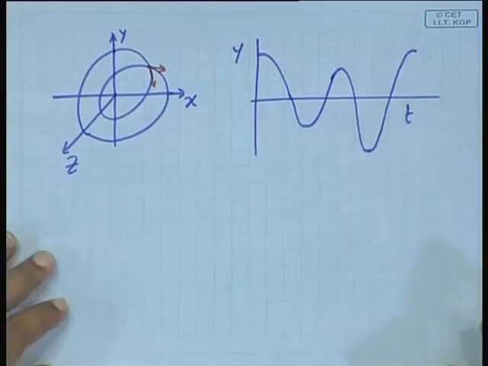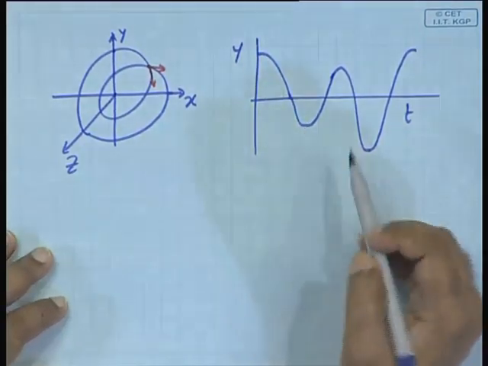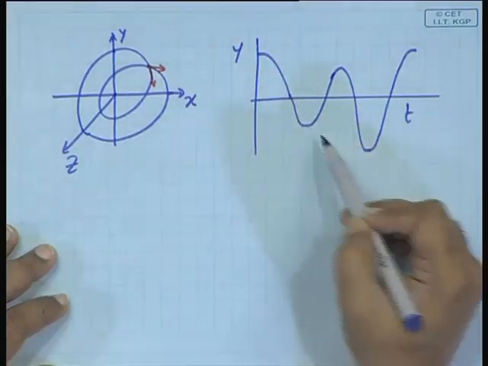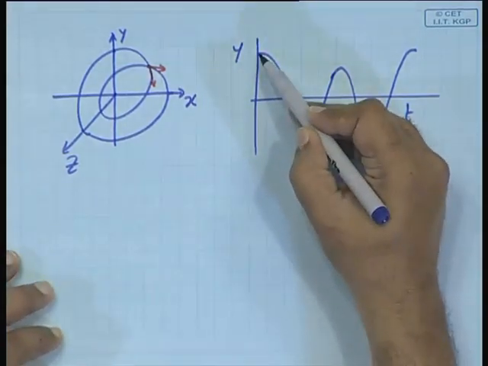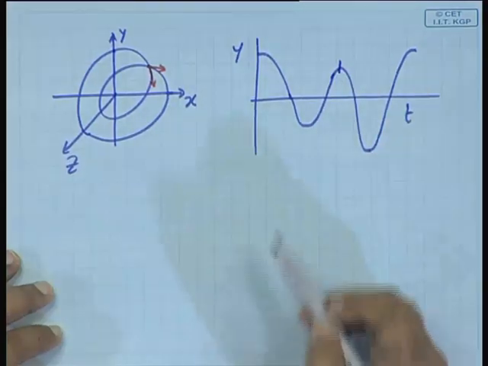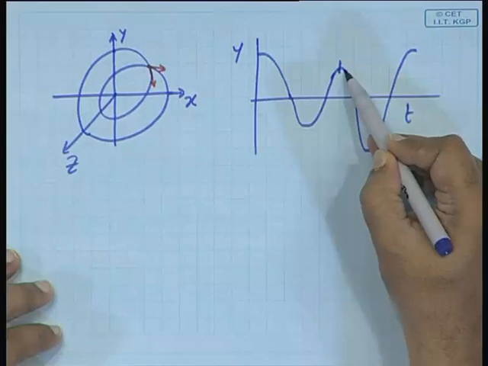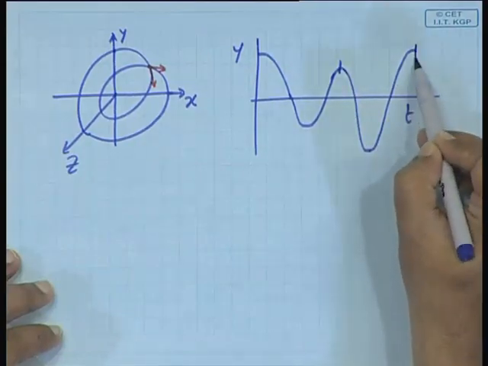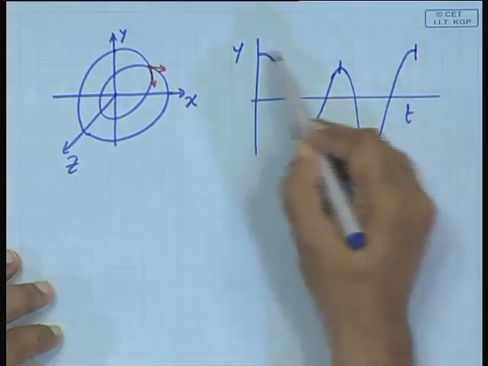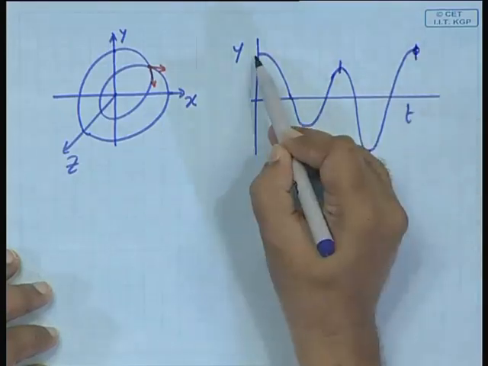Now, notice that in this one you have started from here, you have come here. Starting from here, ending here is one cycle, peak to peak, and again from here to the peak, another cycle. So, there are 2 cycles, and after that only it comes to the same value.